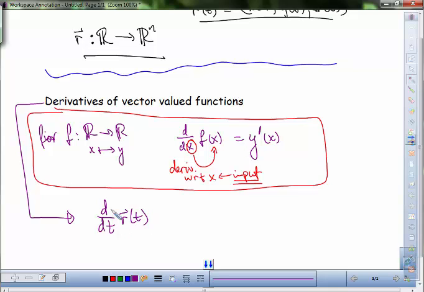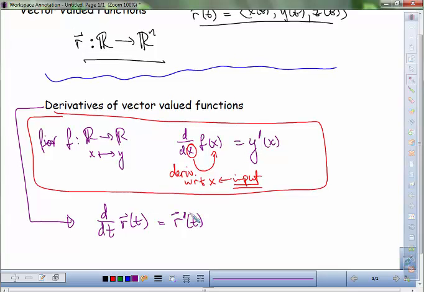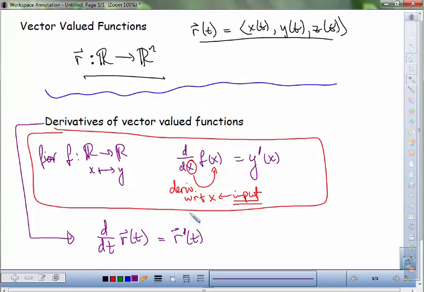So we would say d dt of the vector valued function. To shorten the notation, we'll just call that r prime, which is to say the derivative. And since there's only one variable that we're dealing with, you know it's a derivative with respect to t.